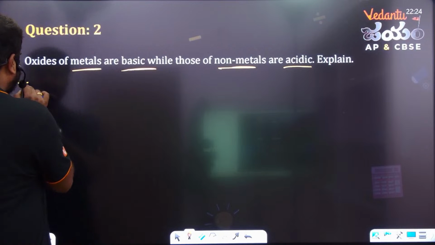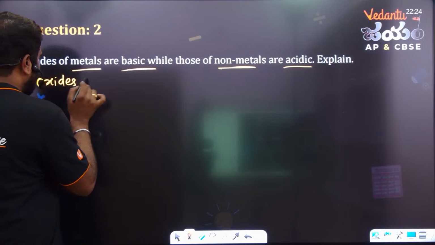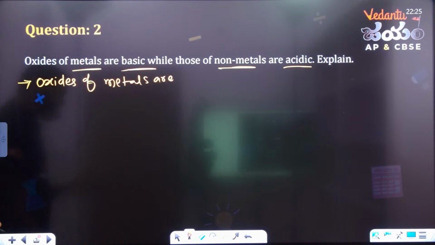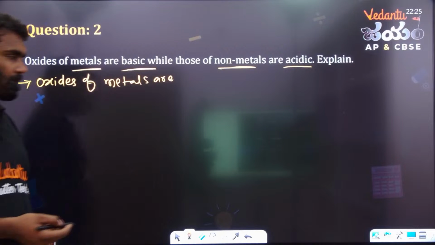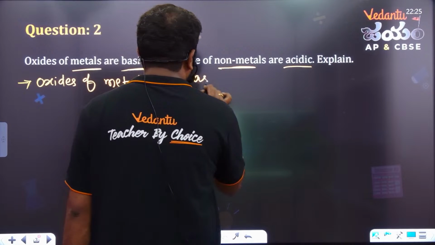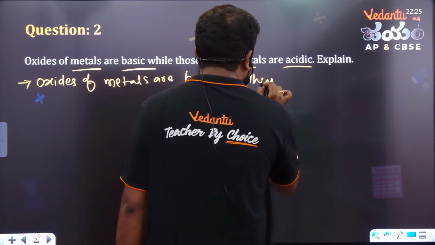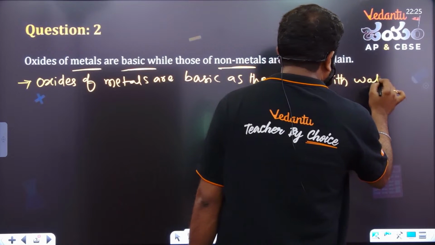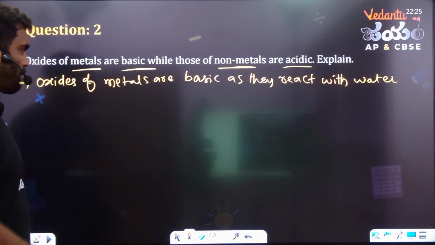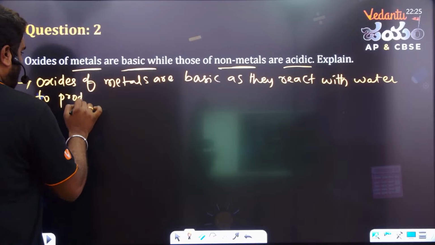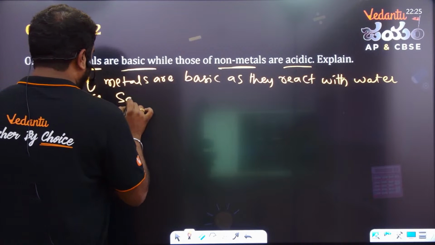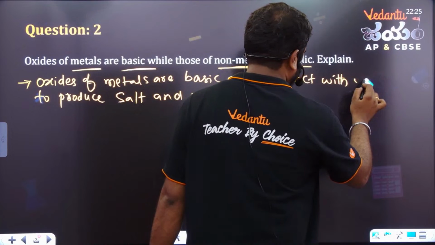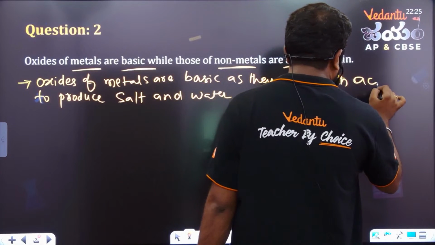What we can write: oxides of metals are basic, as they react with acids to produce salt and water.